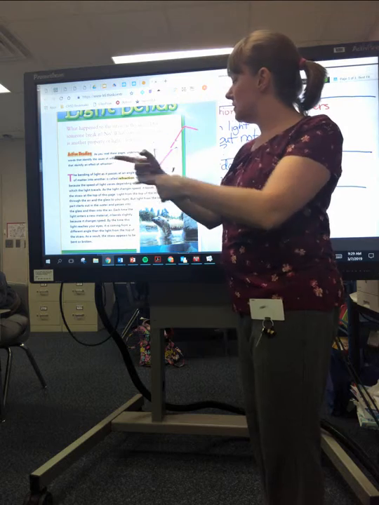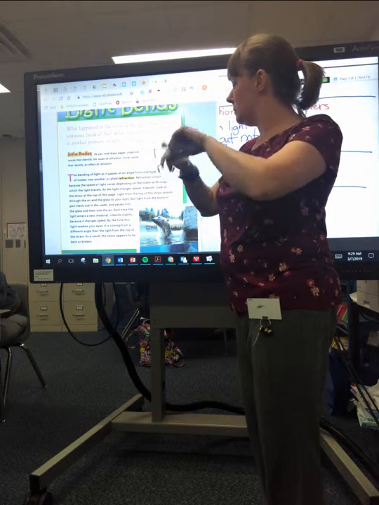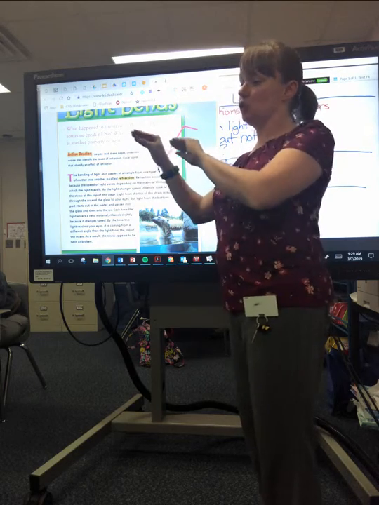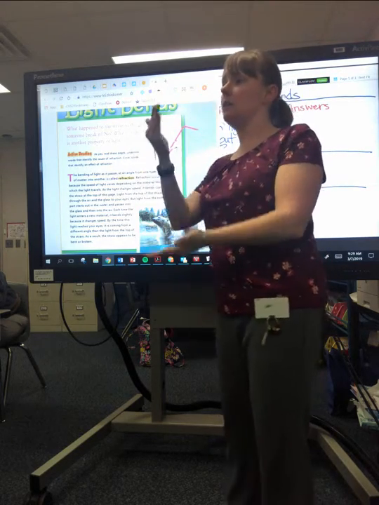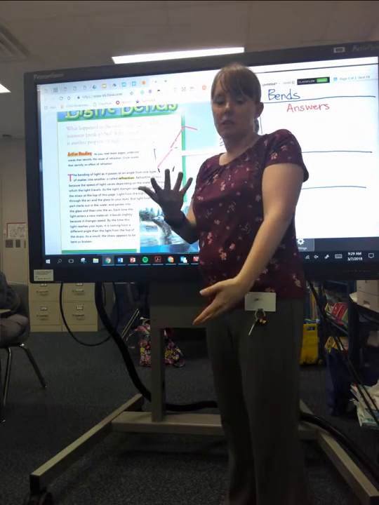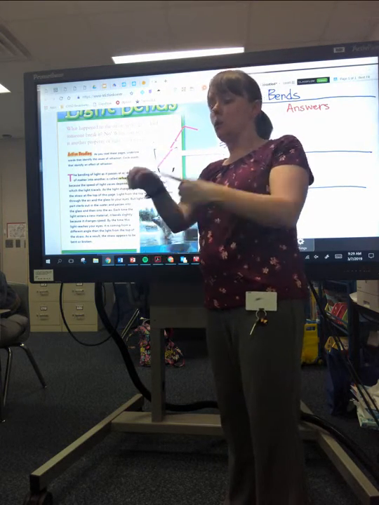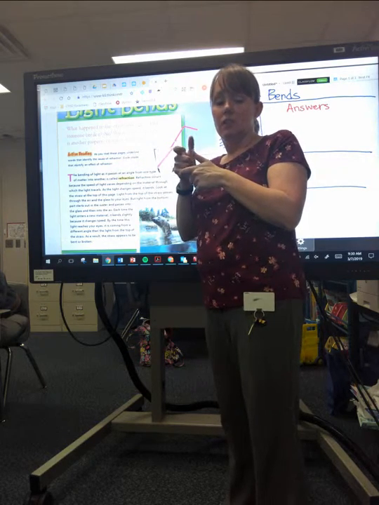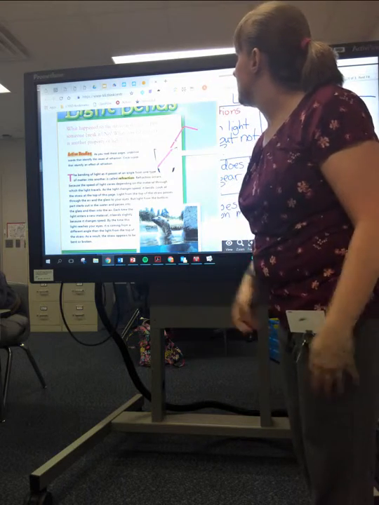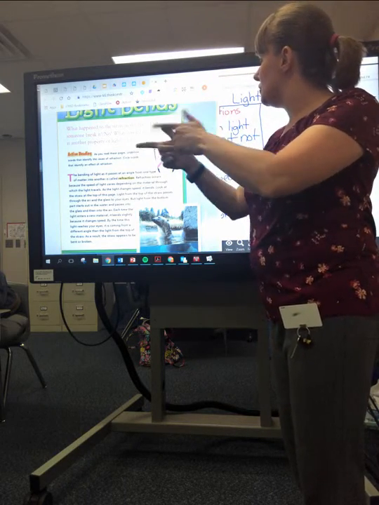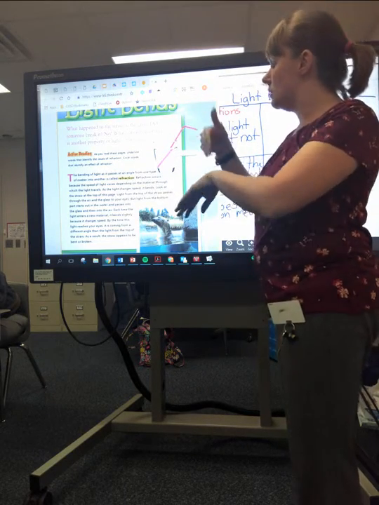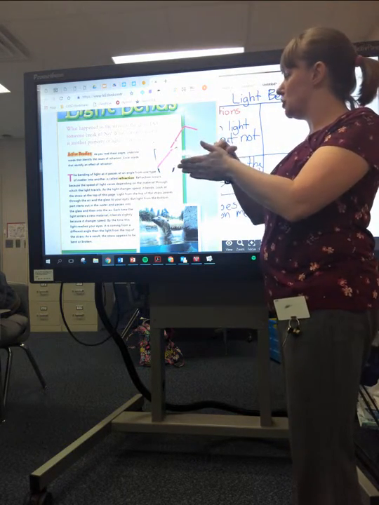Refraction occurs because the speed of light varies depending on the material through which light travels. So through the air, maybe it's fast, and then it hits the glass, and maybe it slows down. And when it slows or when it speeds up, refraction happens. As the light changes speed, it bends. Look at the straw at the top of this page.